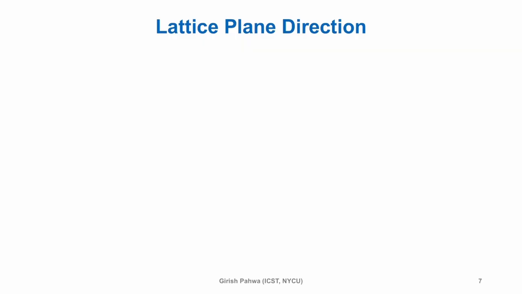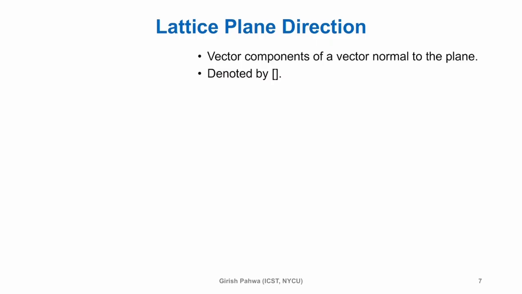Okay, so lattice plane direction is basically, how do you determine the direction of a plane? It's determined by a normal through the plane, right? You put a perpendicular to the plane and that direction gives you the plane direction.